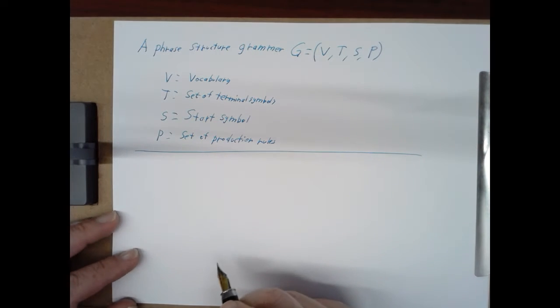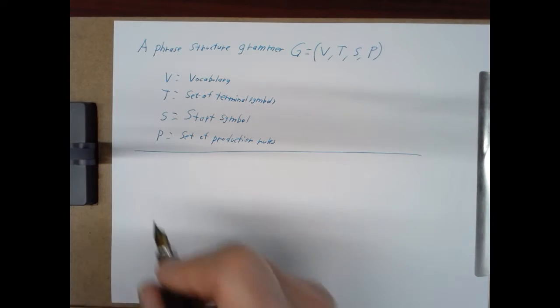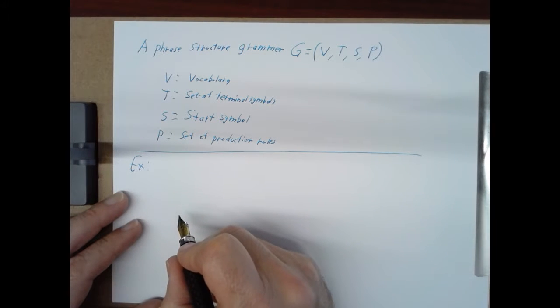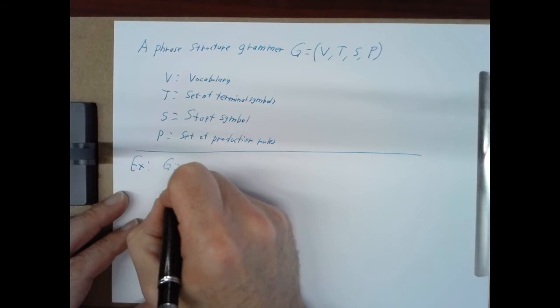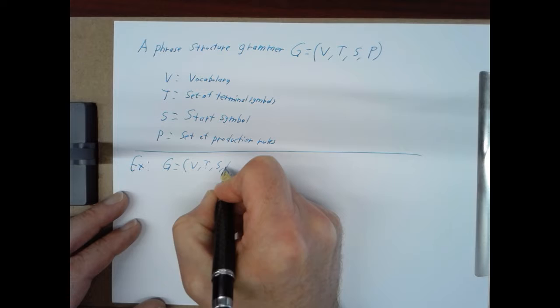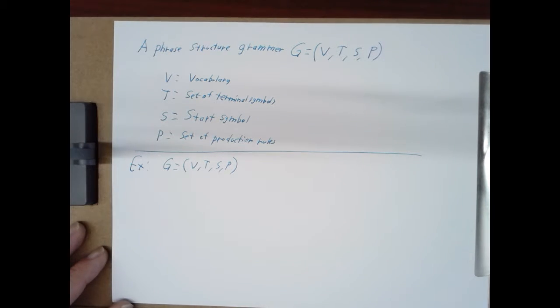So how does this work? Let's do an example. So here's our grammar. It's a 4-tuple.